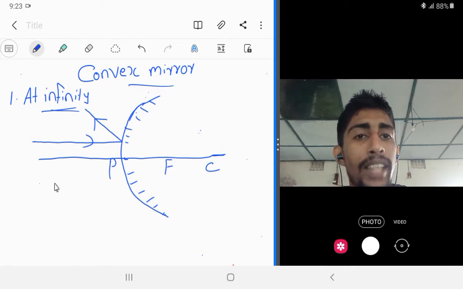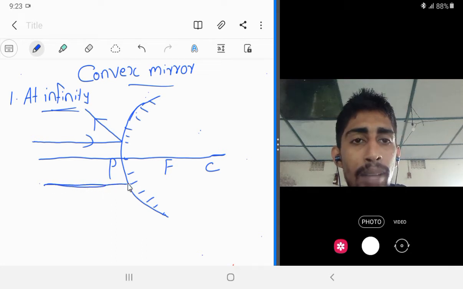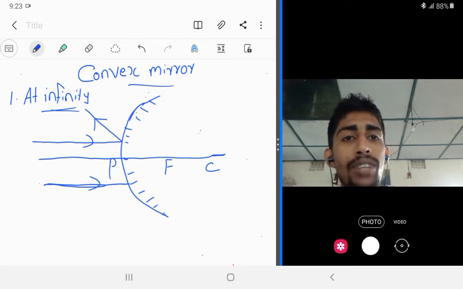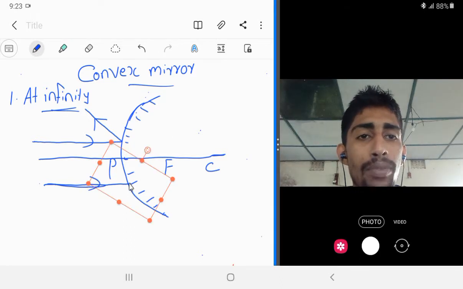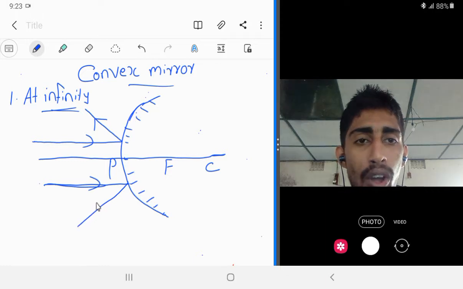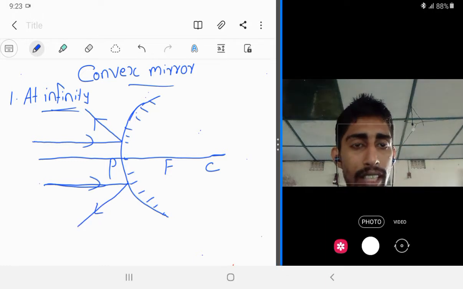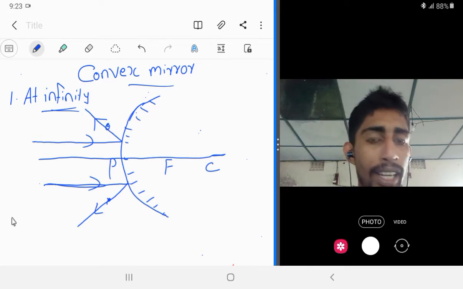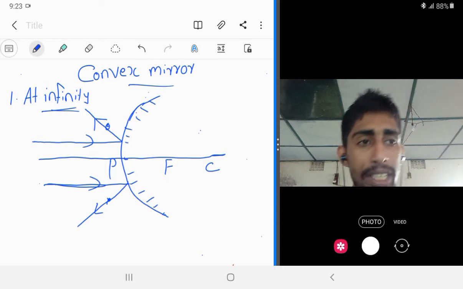The light rays which are coming parallel to the principal axis, after reflection, move back in the direction of the principal focus. You can see here that both the reflected light rays are moving away from each other.